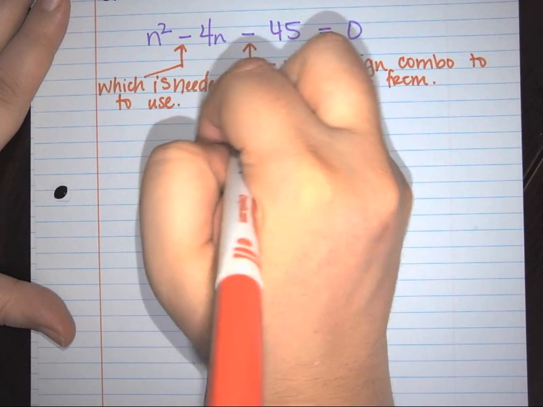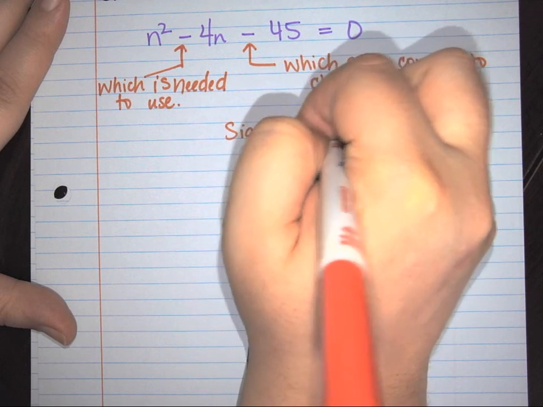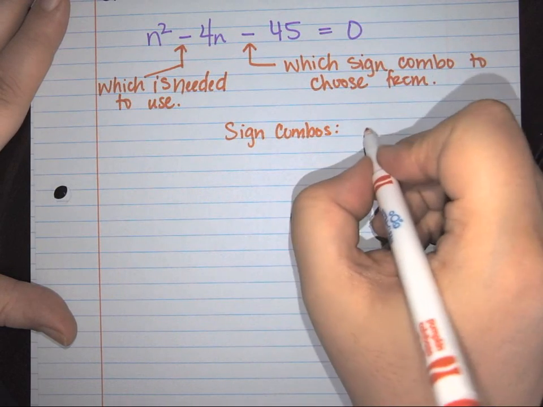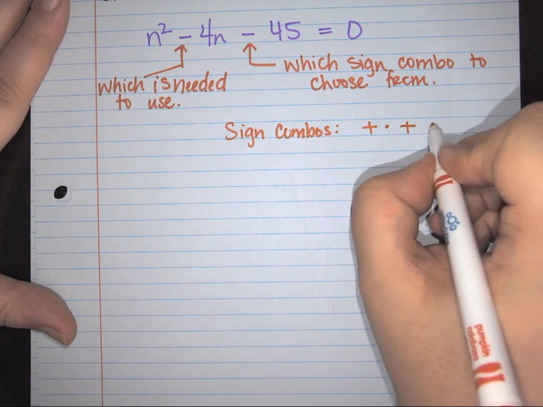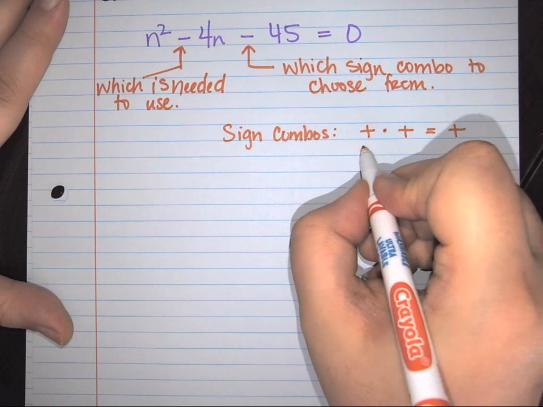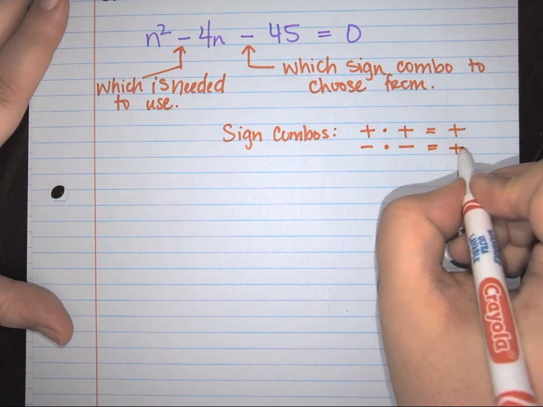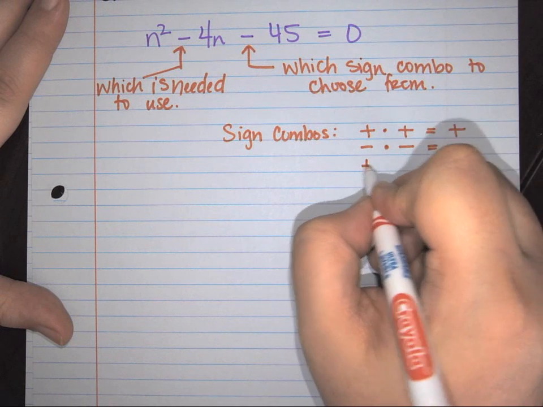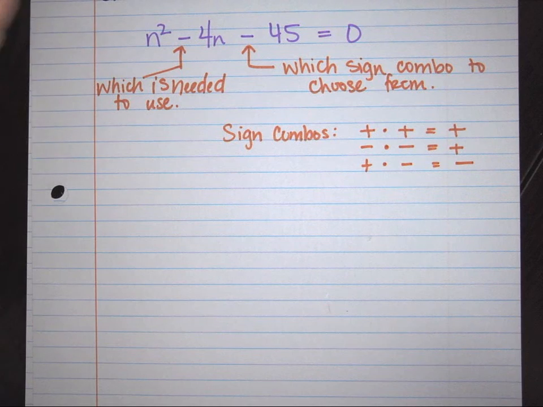So our sign combinations are as follows. You can have a positive times a positive equals a positive result. You can have a negative times a negative to give you a positive result, and a positive times a negative to give you a negative result.